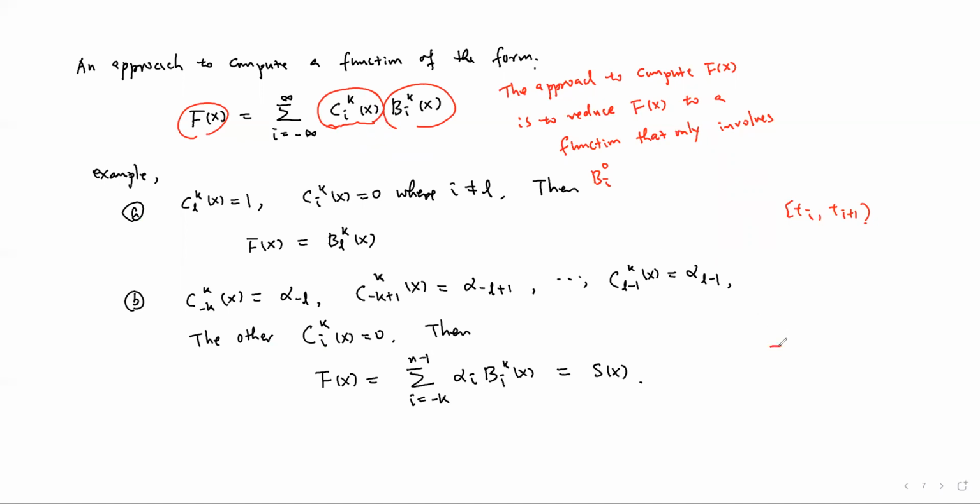Then this capital F is equal to S of x, with x fixed. First, determine an interval that contains x. Then use the triangular array to compute the value of capital F, which is now the value of S. So this is an outline of the algorithm.